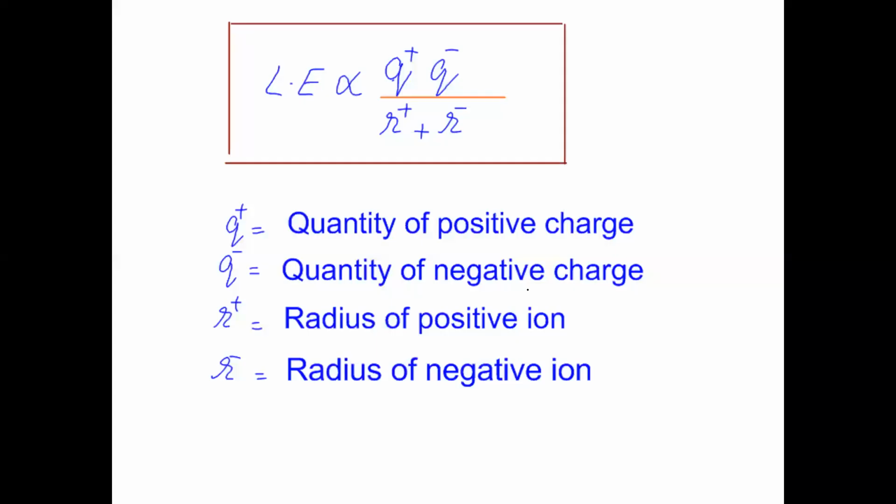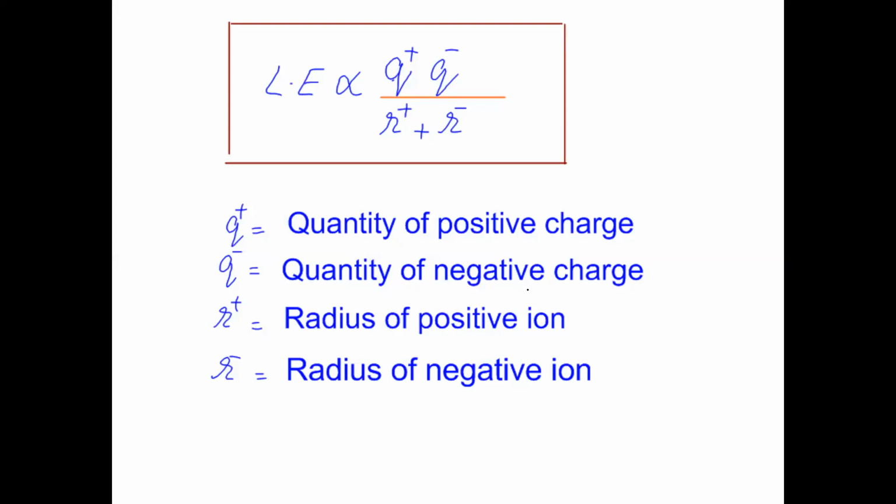Next slide, please. Now look at this screen. This is a formula. This is a qualitative formula. LE means lattice enthalpy. Now again, some physics is needed here. Lattice enthalpy is directly proportional to the product of the charges and inversely proportional to the separation between the charges.